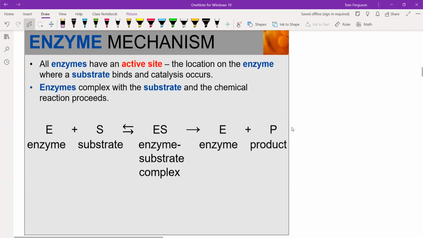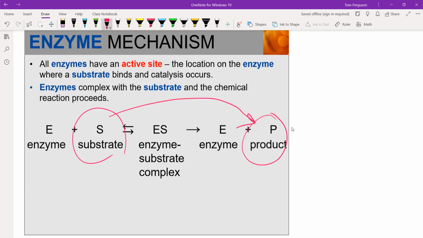Okay, so as far as the mechanism of an enzyme, for the substrate to become a product, it has to bind with the enzyme, and that's binding with the active site of the enzyme.